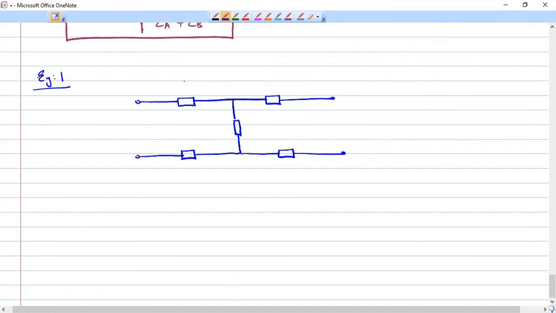Okay, so this is an example for a balanced T network.